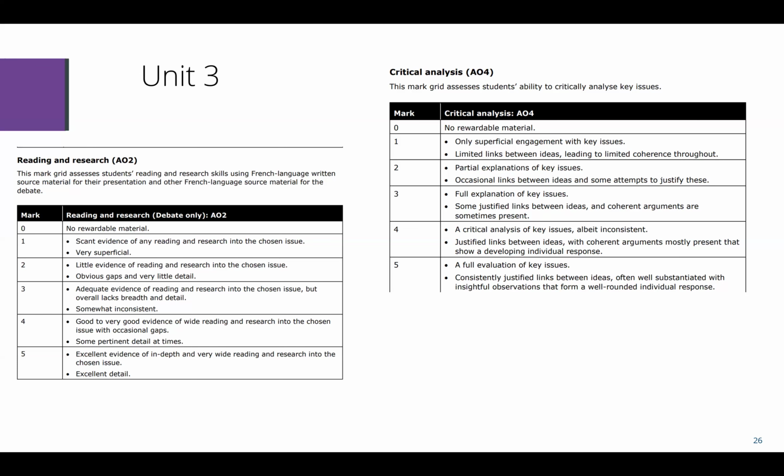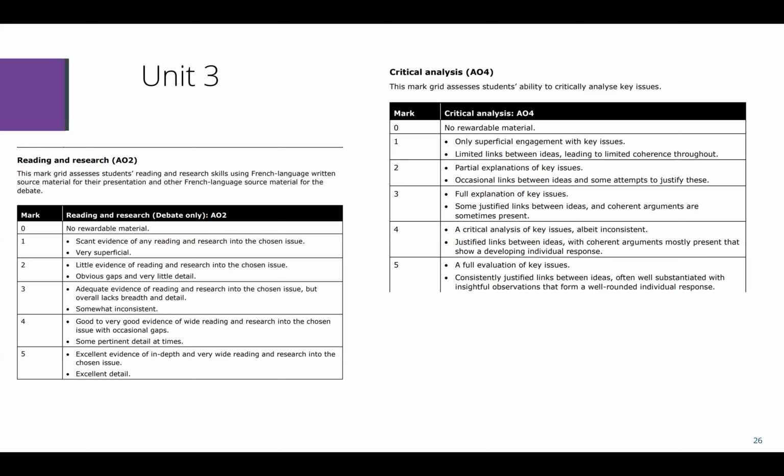It says there under section A debate, students will be assessed on the breadth and depth of their research in the presentation. As such, students should mention German, French, Spanish language newspaper, magazine, articles, online written resources. So something that is written. They need to show that they have done some reading. They can do other research.